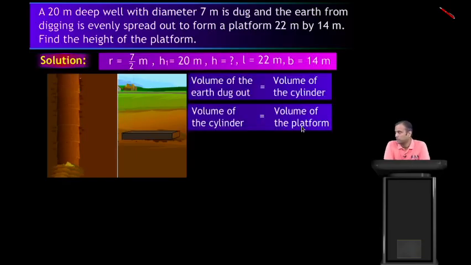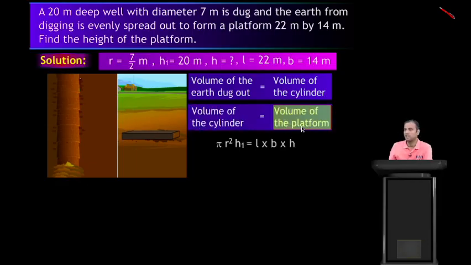Now the volume of the earth dug out is in the form of a cylinder, so we can take it as the volume of the cylinder, and the volume of the cylinder is equal to the volume of the platform, which is a cuboid.